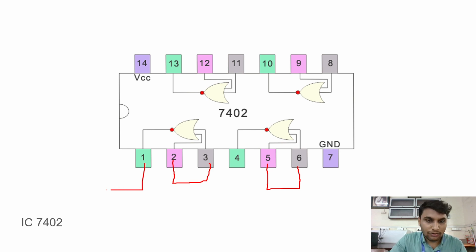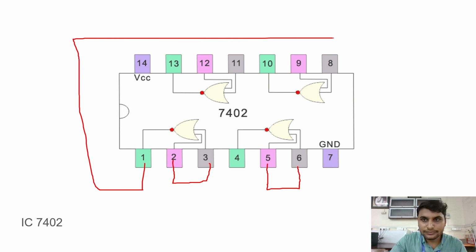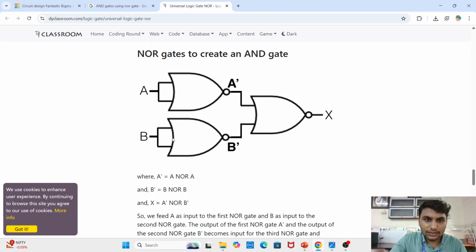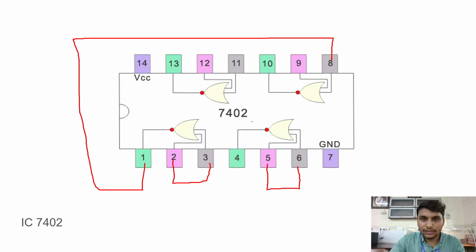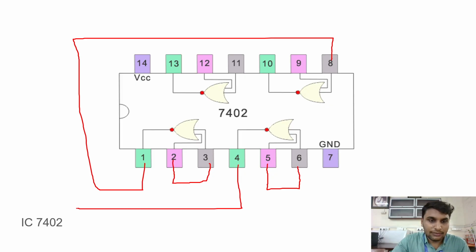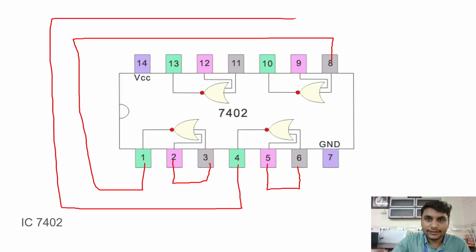So the first output will go to pin number 8, and the second gate output will go to the second input of the third gate, at pin number 9. At pin number 2 and 3, we have to provide the inputs, right?